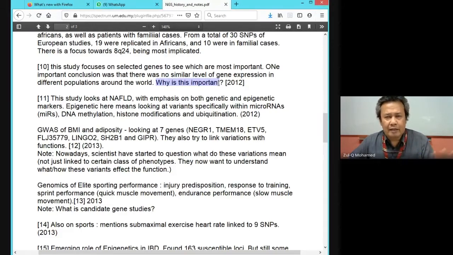Even among the cultures within ourselves, within the Malay, Chinese, and Indian, you have different eating habits, different kinds of food, different environment. So this is why the conclusion is that when you compare, you won't be able to see a similar expression between different populations. That's why a population-based study is important.